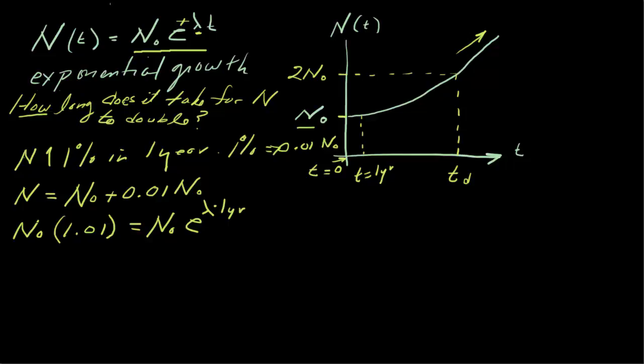Notice that in this equation, we can divide both sides by n0. This gives us the simple relationship that 1.01 is equal to e to the lambda.